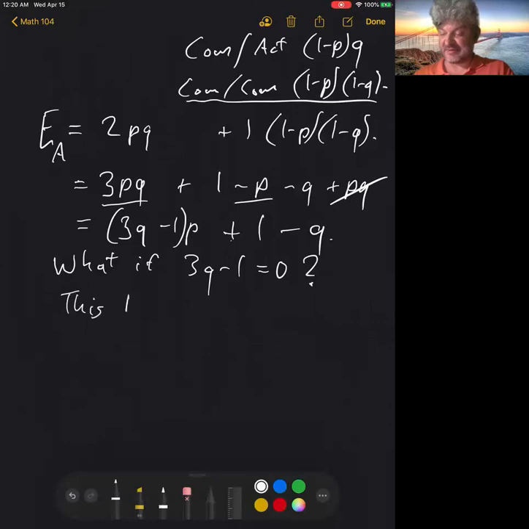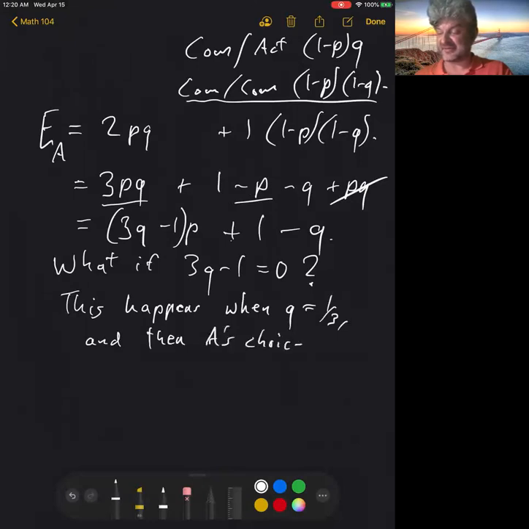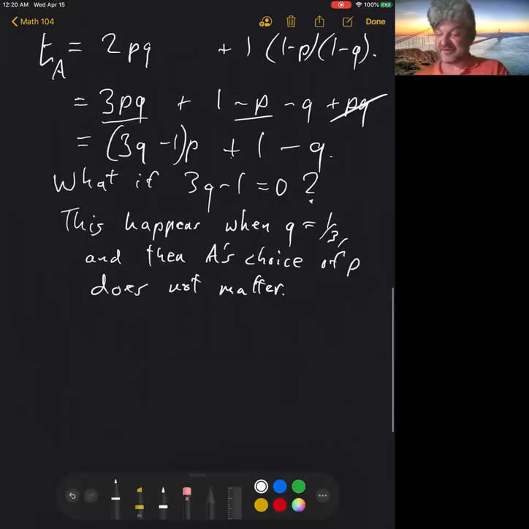This happens when Q is 1/3, and then A's choice of P, that's A's decision, does not matter. Curious, but that's what it is.